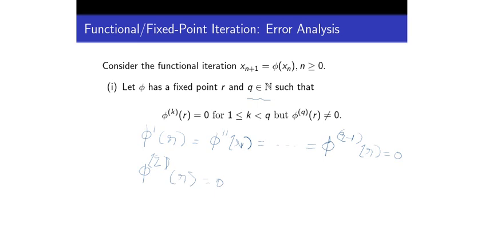How will you show that? It's very simple again. You have the following functional iteration: xk plus 1 equals phi of xk. So you subtract R. Again you will perform the same analysis as you have done previously.